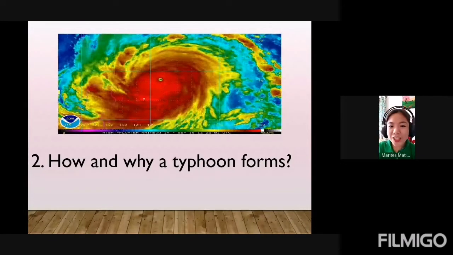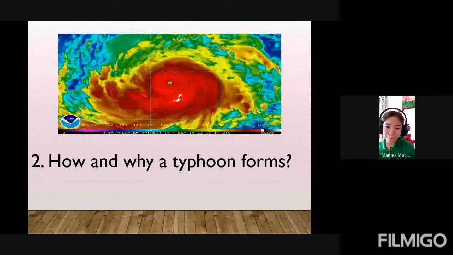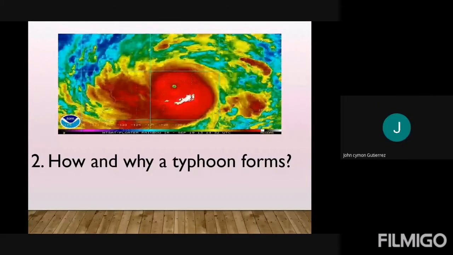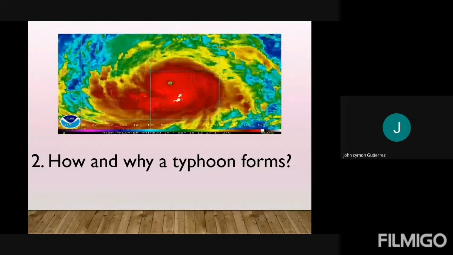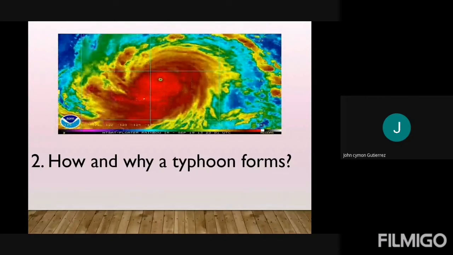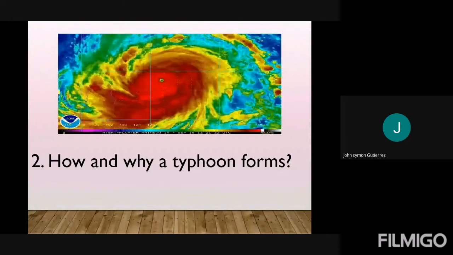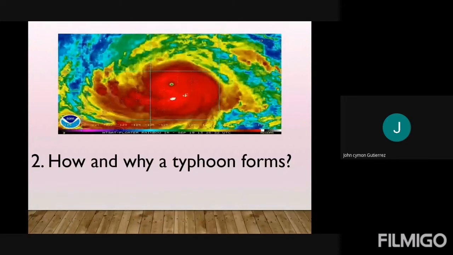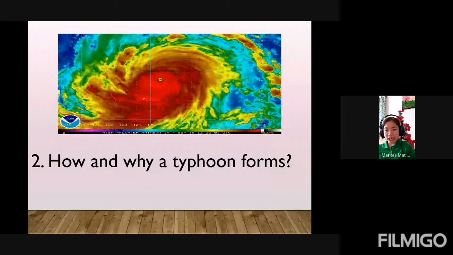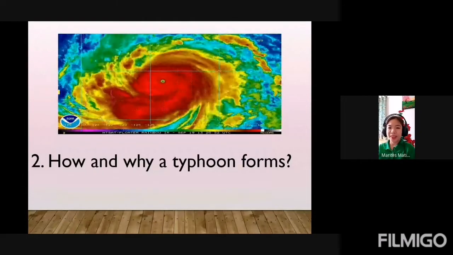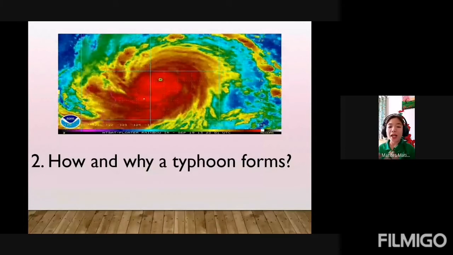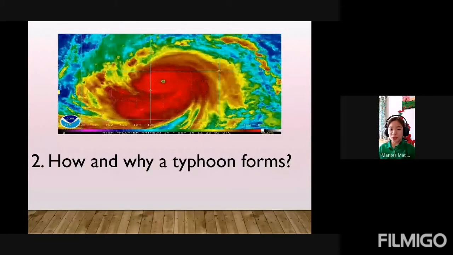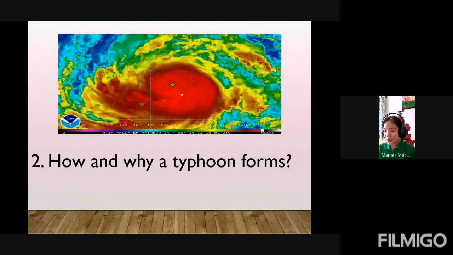Yes, John Simon. Ma'am, when winds blow into areas of the ocean where the water is warm. Very good, John Simon. Got it right. So, the typhoon forms when it is formed in the warm ocean water. Okay, very good.